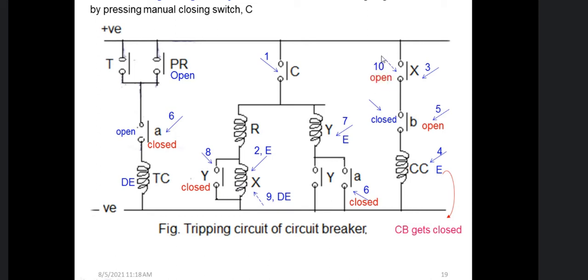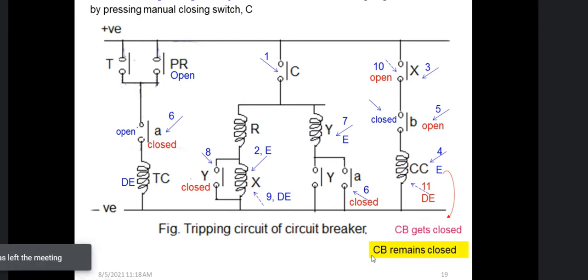Then the closing coil automatically gets de-energized, because it is disconnected from the positive terminal. In this way, the CB will remain closed, because it is not getting any tripping signal, and the closing coil has served its purpose and is de-energized for further closing. Understood?